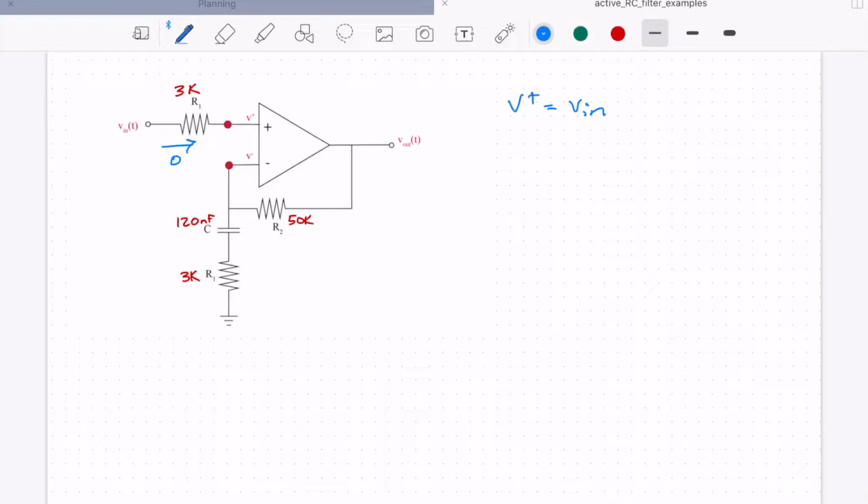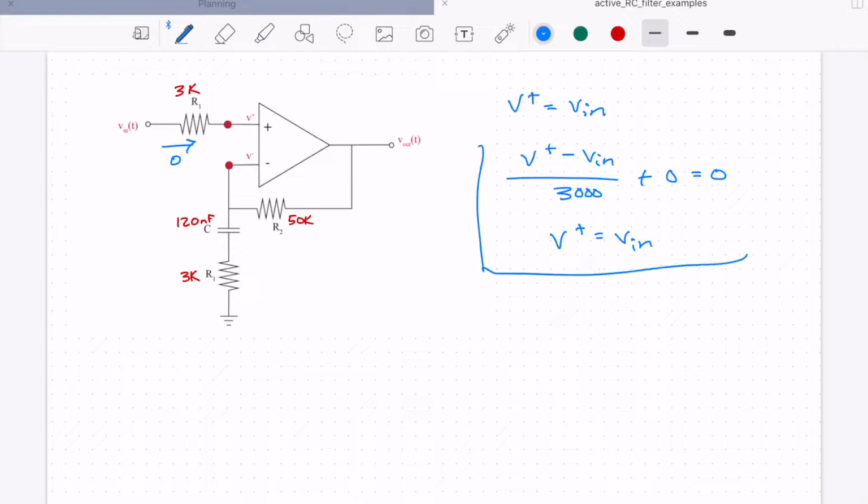We would write (V plus minus Vn) over 3000, plus 0, is equal to 0. So we have this current going here, (V plus minus Vn) over 3000, and this current here, which we know to be 0. When we solve for that, we'll end up with V plus is equal to Vn.